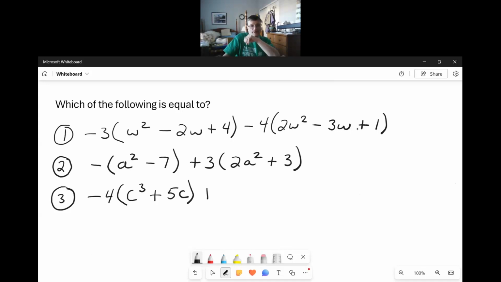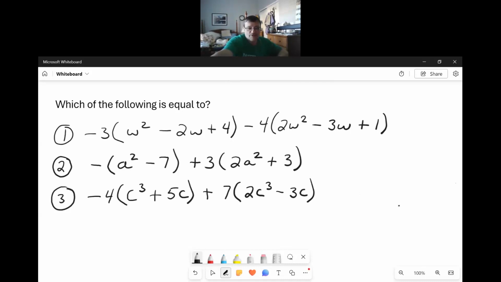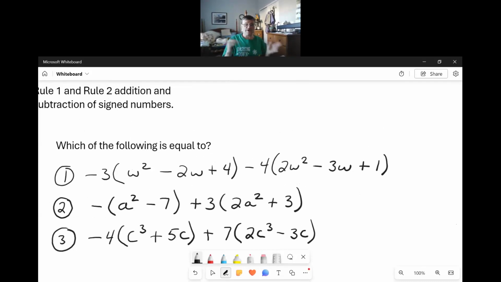And then we're going to do plus 7 times (2c to the third minus 3c). Okay, so there you have it. You can copy these down here. Which of the following are equal to? Remember, these are 3 separate problems. Take a minute or 2 to do that.